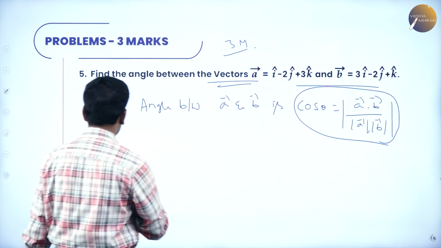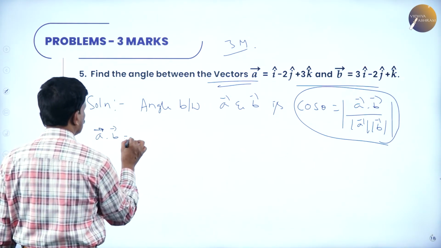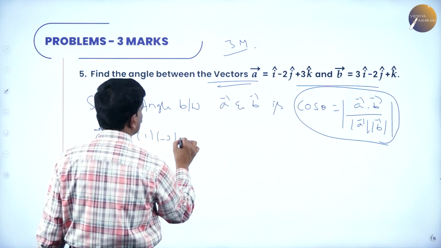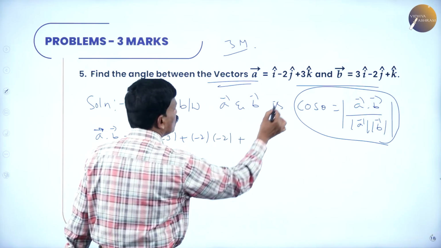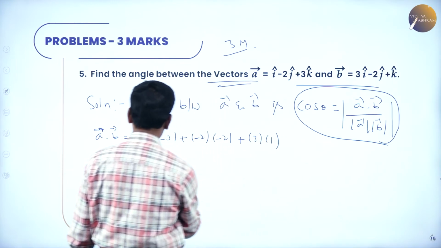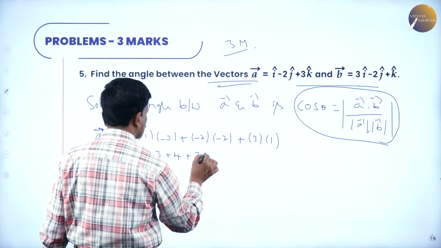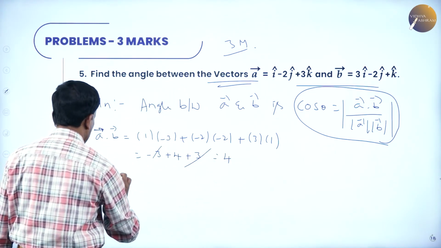So first find out A dot B. A dot B is 1 into 3 plus minus 2 into coefficient of j is minus 2 plus k coefficient is 3 and 1. So this is equal to 3 minus into minus plus 4 plus 3. Minus 3 gets cancelled. This is 4.